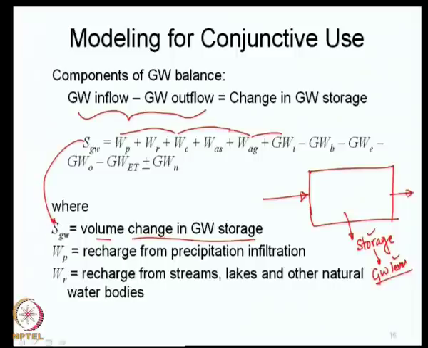So, all these positive terms are actually adding to the storage, and all the negative terms indicate how much is extracted because of various reasons from the storage. We will see one by one all of these terms, and then you may have a plus minus term depending on whether it is adding or it is being extracted.